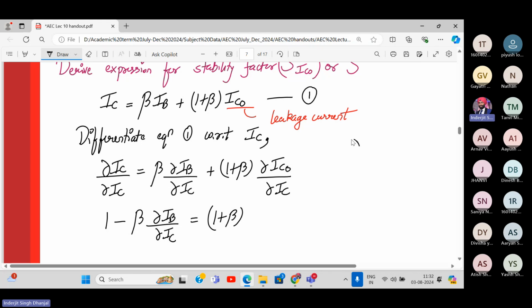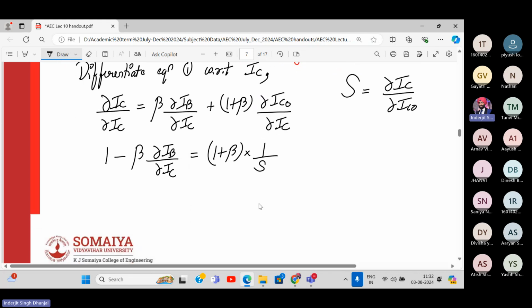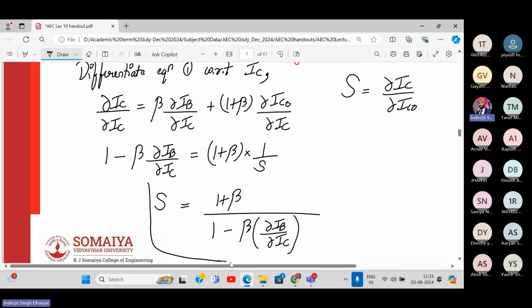Now what is stability factor given by? S is given by delta IC upon delta ICO. So this will be 1 upon S. Agree? So what will be S now? S will be 1 plus beta in the numerator divided by 1 minus beta times delta IB upon delta IC. So this is a generalized expression for the stability factor.